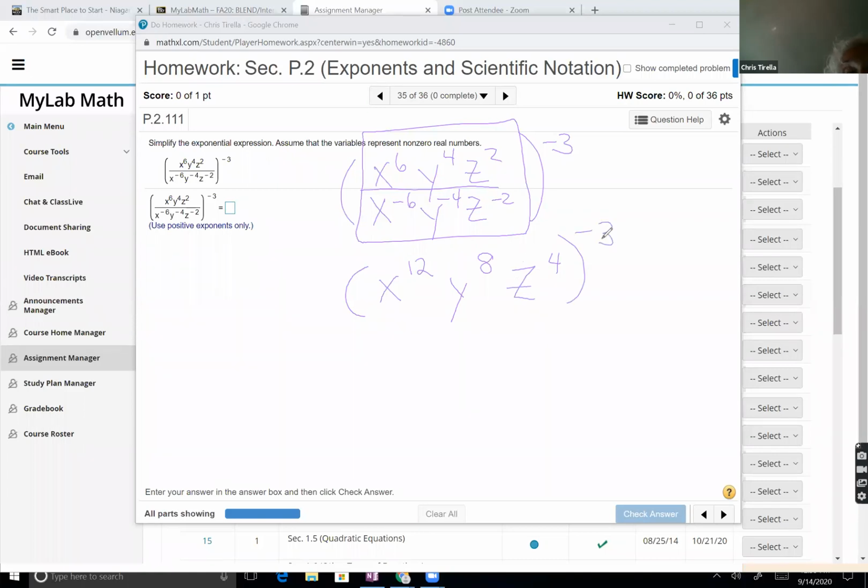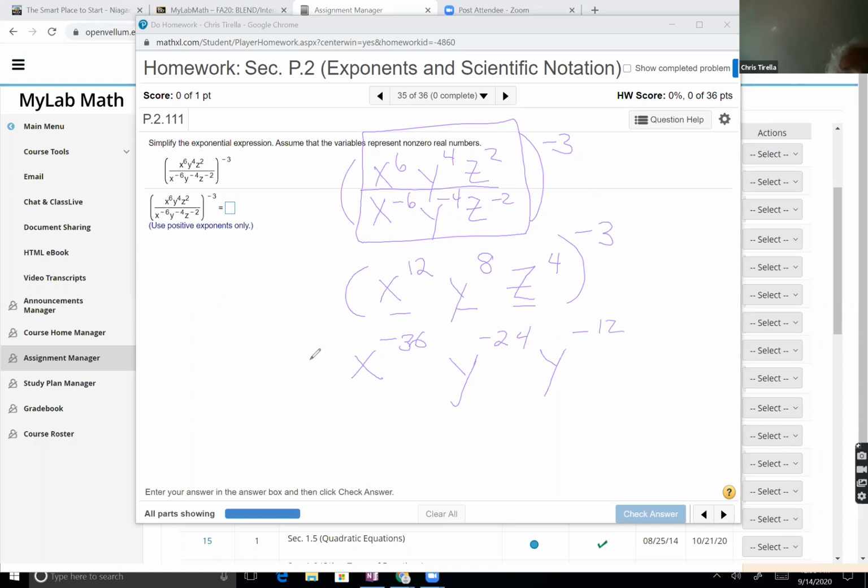Now we'll raise that to the power. Because it's all multiplication, I'll raise each factor to a power. When I raise a power to a power, I multiply exponents. I'm sorry, I take that back. 12 times 3 is not -12. I'm sorry. 12 times -3 is -36. 8 times -3 is -24. 4 times -3 is -12.